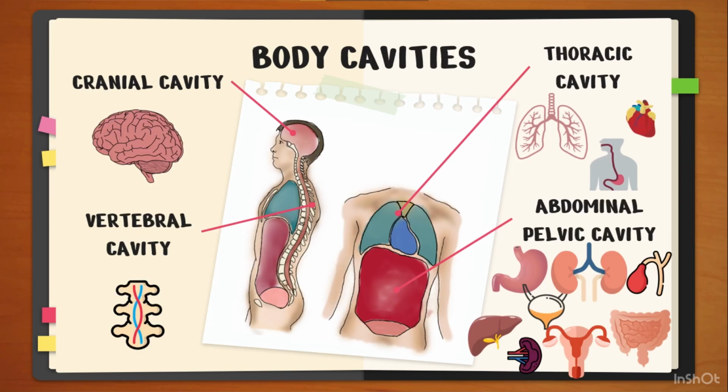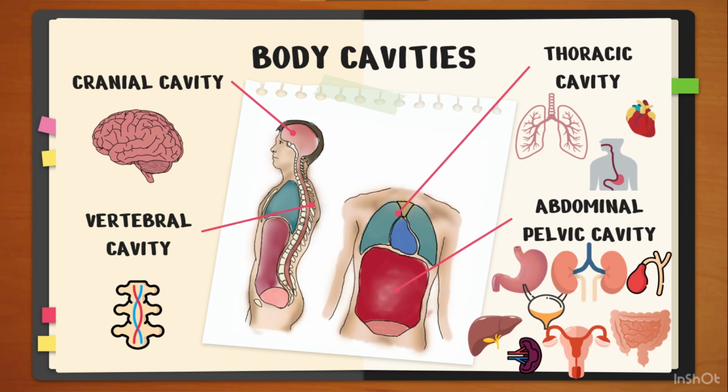The body cavities are the cranial cavity, vertebral cavity, thoracic cavity, and abdominal pelvic cavity, and each cavity has some organs inside. The cranial cavity has the brain, the vertebral cavity has the spinal cord, the thoracic cavity contains lungs, bronchi, trachea, pleura, heart, pericardium, lymphatics, and esophagus.